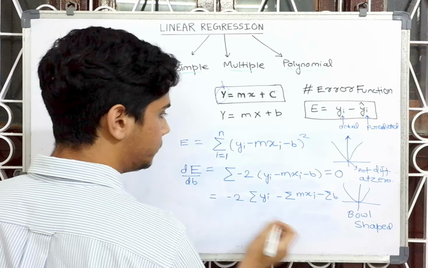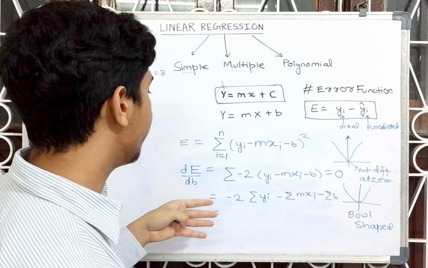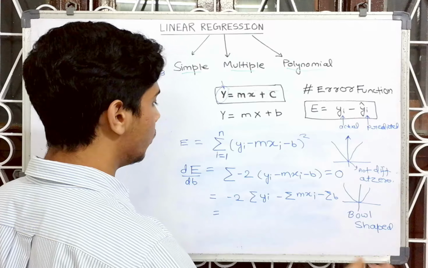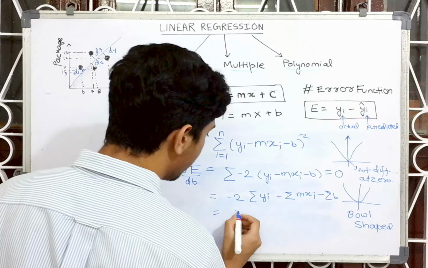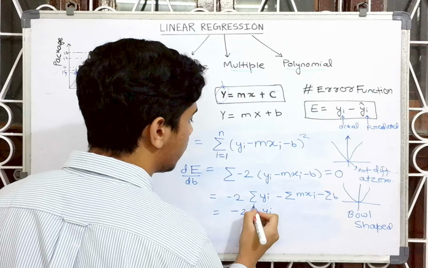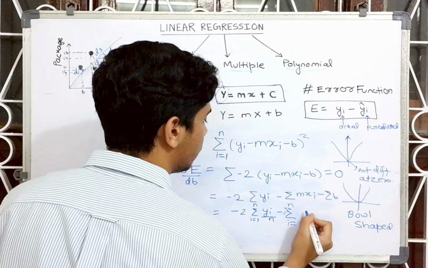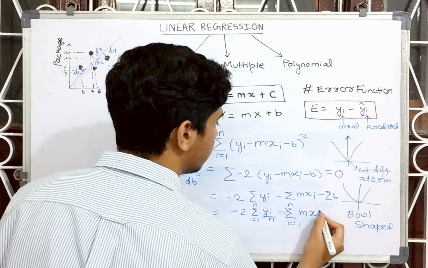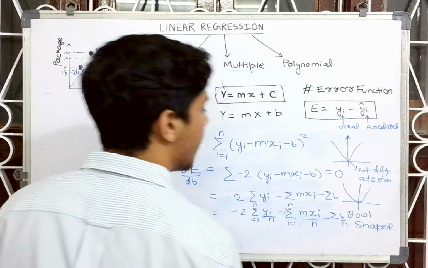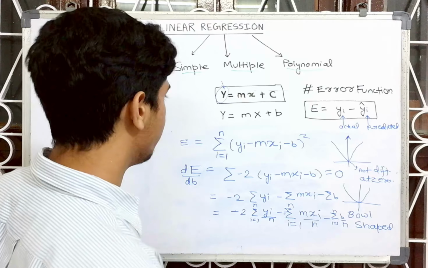To simplify it further, we can divide the whole equation by n. On the 0 side, if we divide 0 by n, that will be nothing but 0, and on this side it will be -2 times summation of yi by n, where the summation is from i equals 1 to n, minus summation from i equals 1 to n of mxi divided by n, minus summation of b divided by n, where the summation is from i equals 1 to n. Wait, let me erase this.